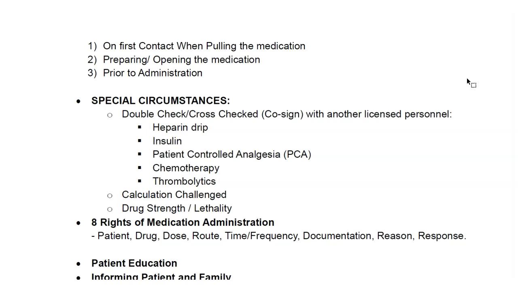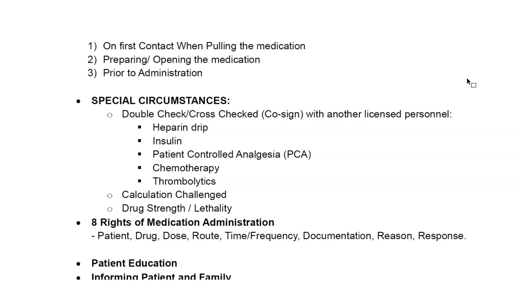Then, once we pull it out, we check it again for a second time as we're preparing it. As we're opening the medication or pouring it, during the preparation process, you verify: is this the right bottle? Is this the right medication that I'm pouring? Again, this is a time to check again. Make sure that's still the right medication and that you didn't accidentally pull out a different medication.